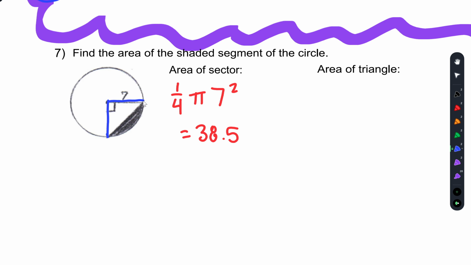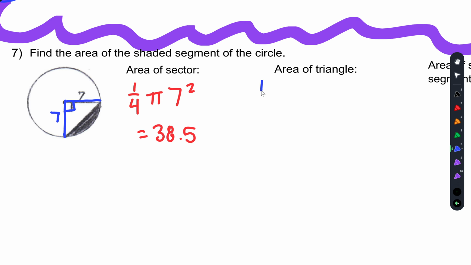They love these kinds of problems. So if that's a radius, this is also a radius of 7. And because of that right angle, 7 is my base and 7 is the height. So the area of this triangle is 1/2 7 times 7, which half of 49 is 24.5.